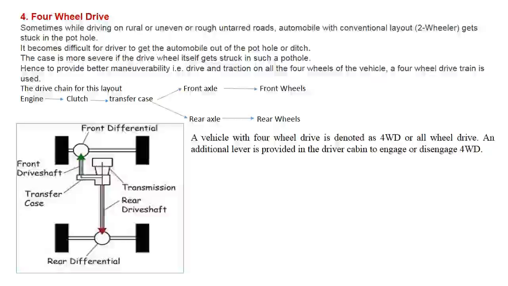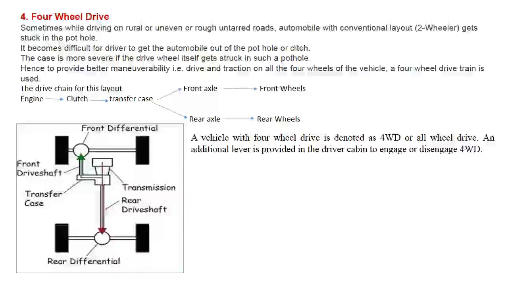So, four wheel drive. Why does the need or necessity of four-wheel drive arise? Sometimes, when the vehicle is to be used on rural or uneven or rough untarred roads, meaning off-road purposes, a problem is created with the conventional layout, that is two-wheel drive vehicles, which get stuck in a pothole.